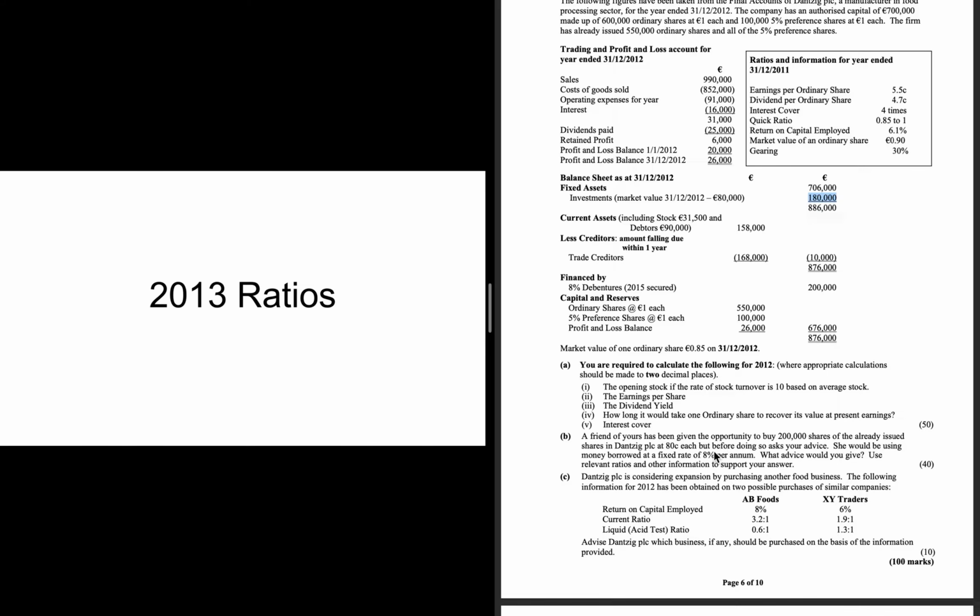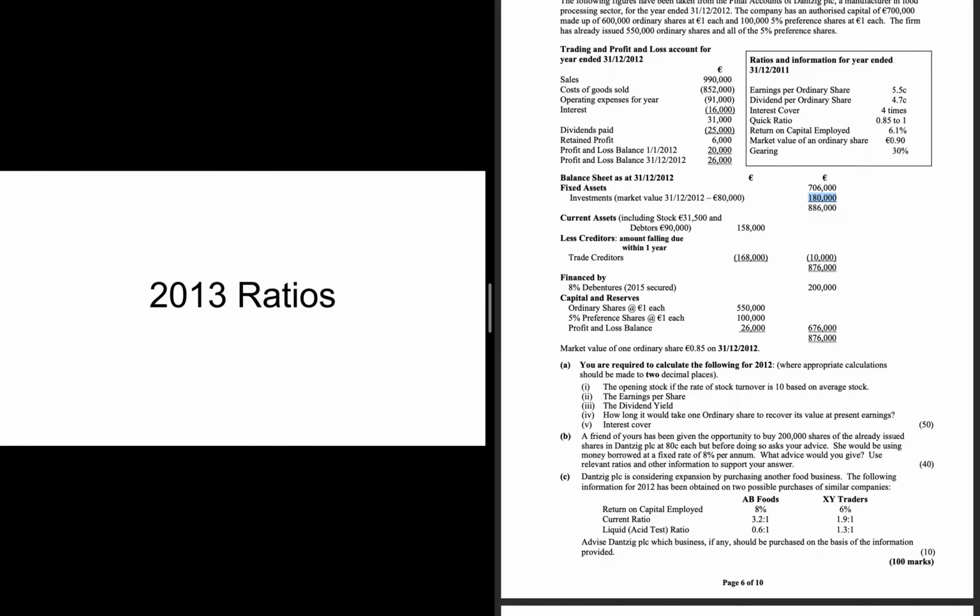So it doesn't affect gearing or anything like that, but we need to look at it in the context of their ability to pay dividends and so on, or whether the profitability and dividend rate is going to be above 8%. Really, that's what we're looking at. So keep your focus on that 8% as you go through the question, and anywhere you can put it in, do put it in.